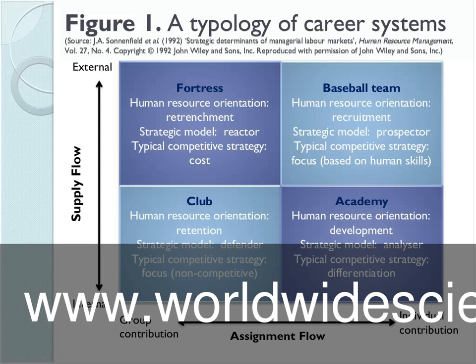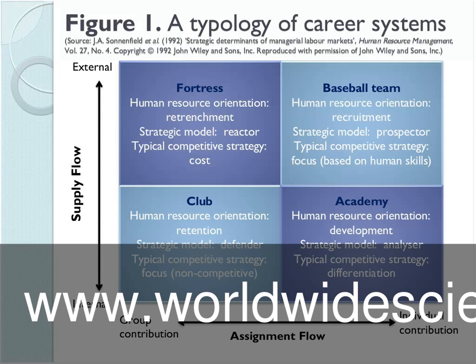One axis of the model is supply flow, which you can see on the vertical axis. They argue that organizations that focus on the internal supply tend to see people as assets with a long-term development value rather than as a cost in terms of annual expenditure.